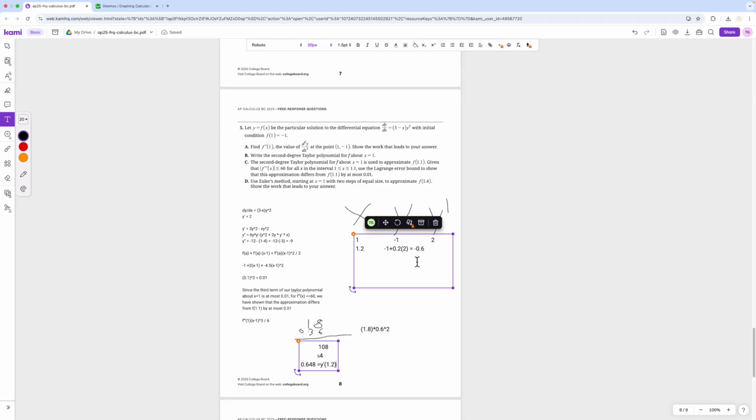Now what we have to do is actually just apply it here. So what we're going to be doing here is negative 0.6 plus 0.2 times our derivative. So plus 0.2 times positive 0.648. That's all we have to do. So let's actually multiply it.